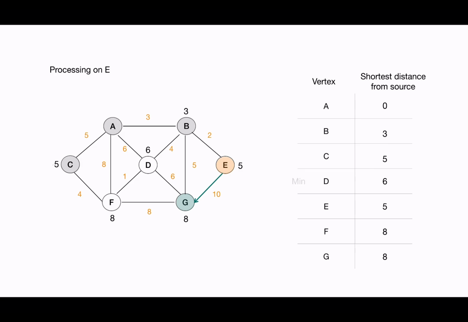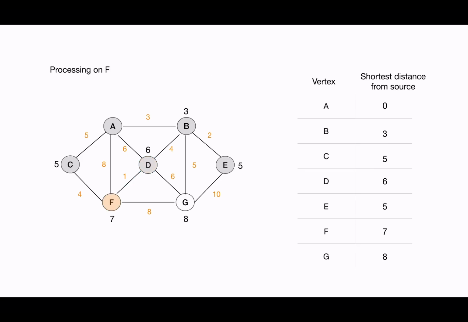Next minimum is D, so we're going to process D. See if we can improve the distance to reach F. It will be 6 plus 1, which is 7, which is actually less than the current one. Current one is 8. So we update 7 as the minimum distance for F. Now we start processing F. Here the adjacent vertices are A, C, D, G, right?